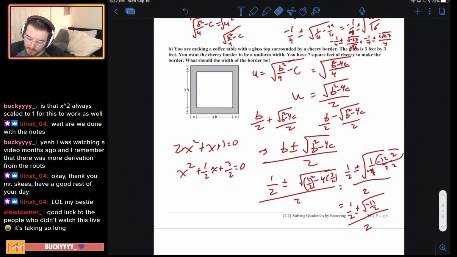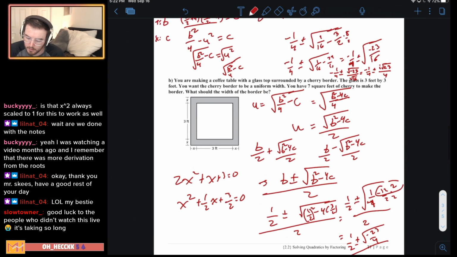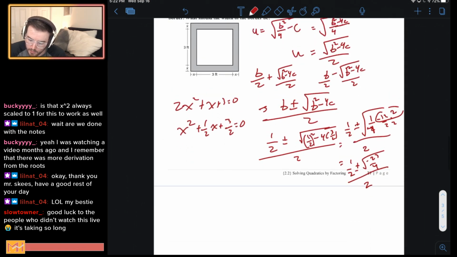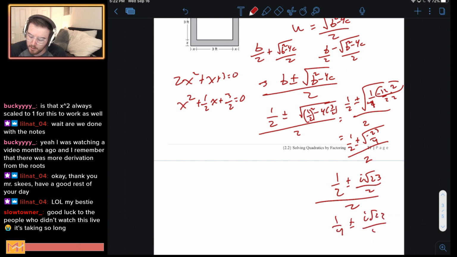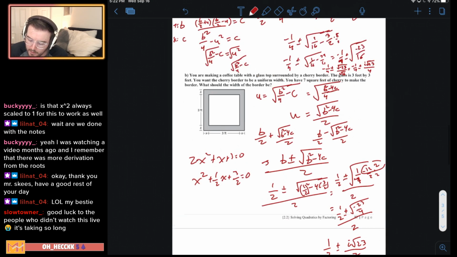So that's negative 23 fourths. Which 1/2 plus or minus i root 23 all over 2 divided by 2, which becomes 1/4 plus or minus i root 23 all over 4, which is the same answer that we got earlier.